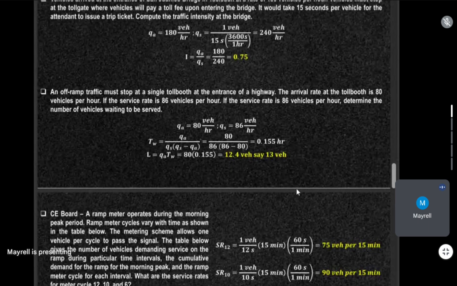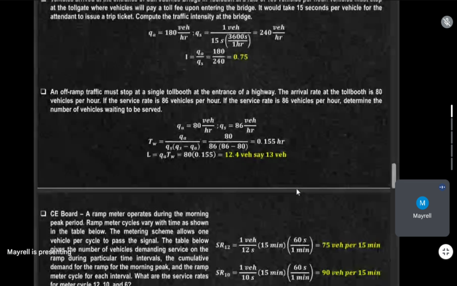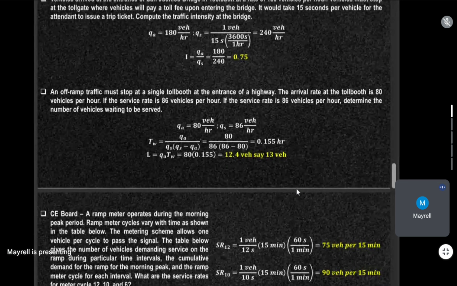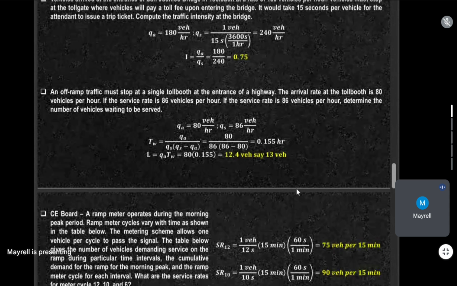It takes 15 seconds per vehicle for the attendant to issue a trip ticket. Compute the traffic intensity at the bridge. Traffic intensity is I, which is QA over QS.